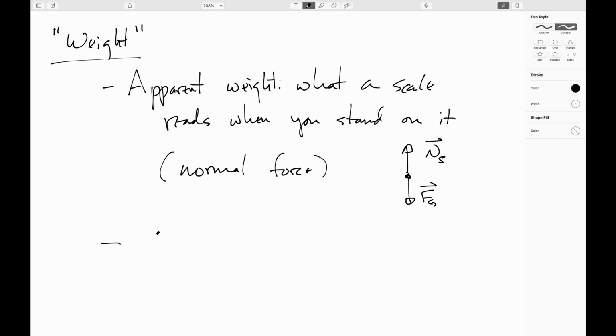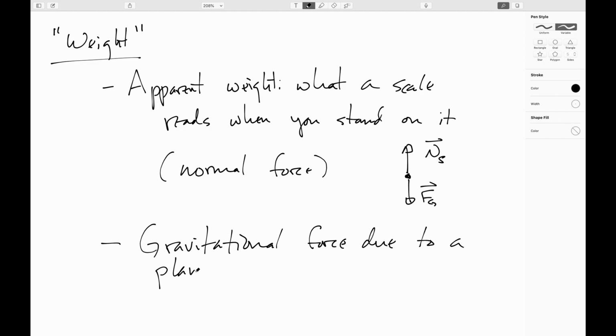The other definition used, again, in almost a perfect 50-50 split, is the gravitational force due to a planetary body on an object.